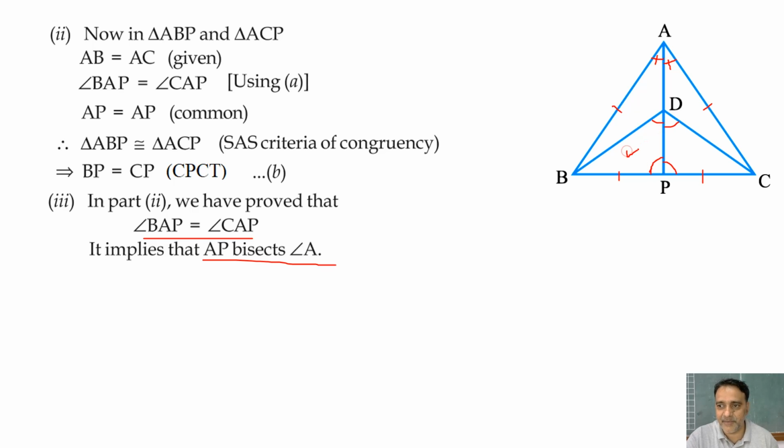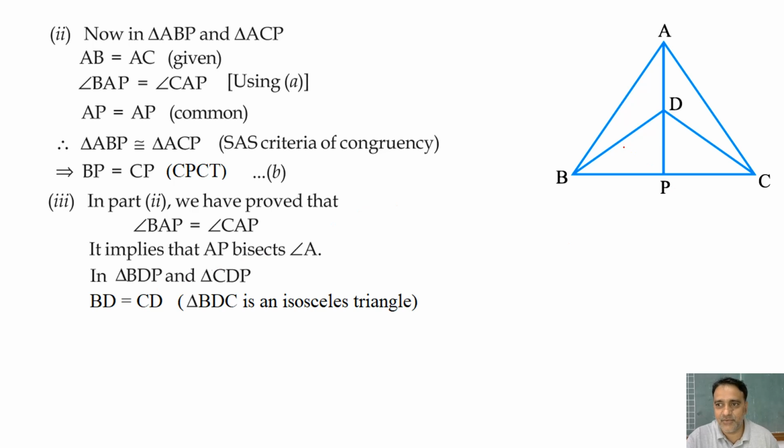Now AP is also bisecting angle D. For that, what do we have to prove? We have to prove these two triangles congruent. So we are going to take both triangles. BD is equal to CD. It is given because this is an isosceles triangle, and DP is common.